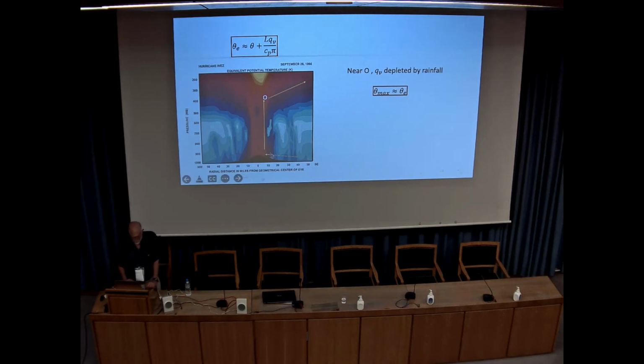So that's why this figure is so important: the flow that's coming in picks up equivalent potential temperature and then conserves it. Remember, all the rain is falling out by this point, so this term goes to zero as you get to the top here, and in order to conserve theta E at this same value, theta has to go up.